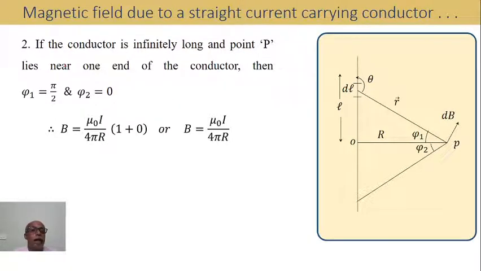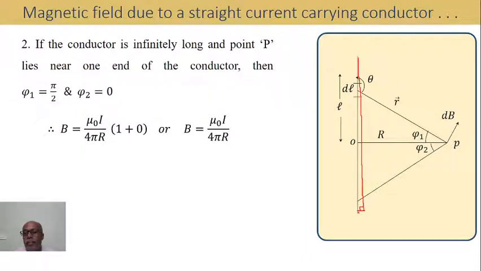Next, if the conductor is infinitely long and point P lies near one end of the conductor, then what happens? If this is point P, then phi 1 will be 90 degree and phi 2 will be 0 degree. How to determine phi 2? The angle between this line and this line: if this line were also like this line, they are parallel, then phi 2 will be 0.